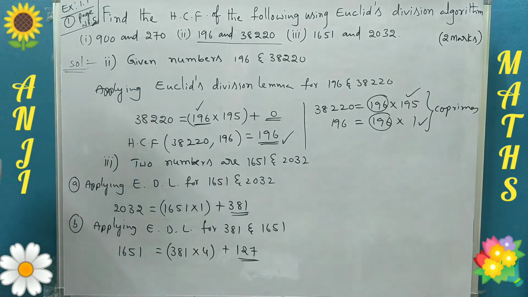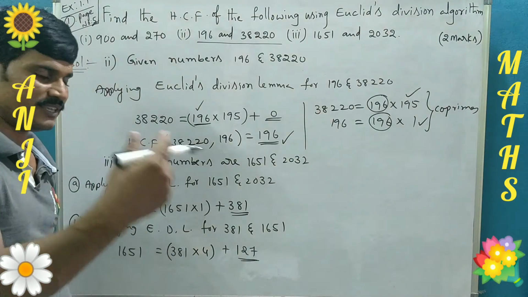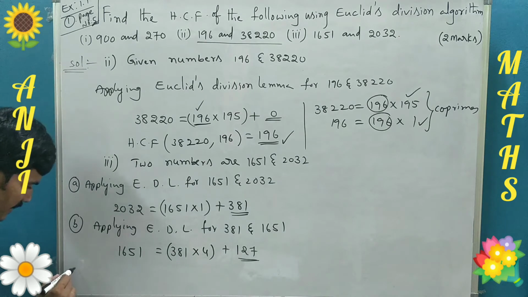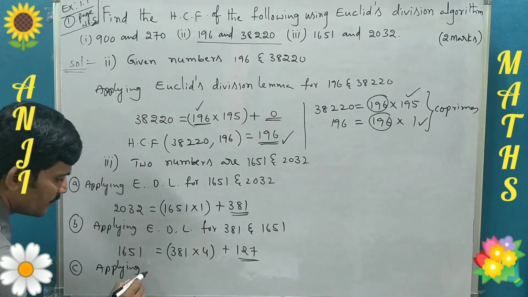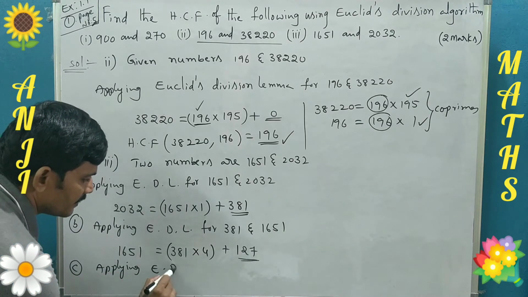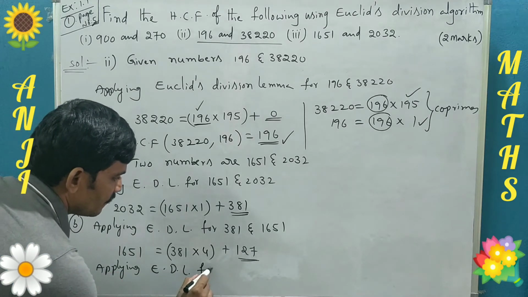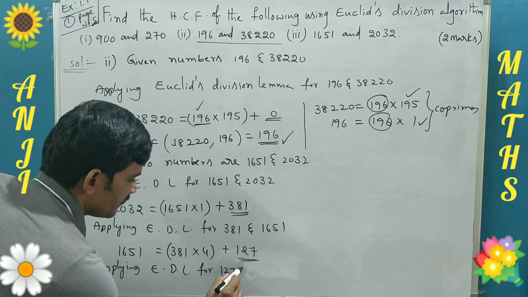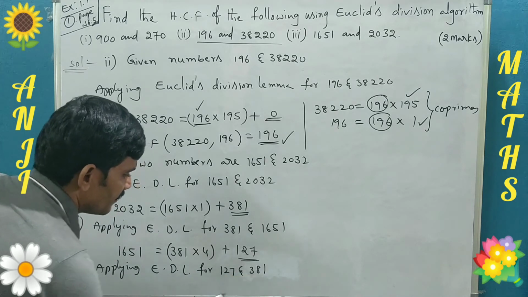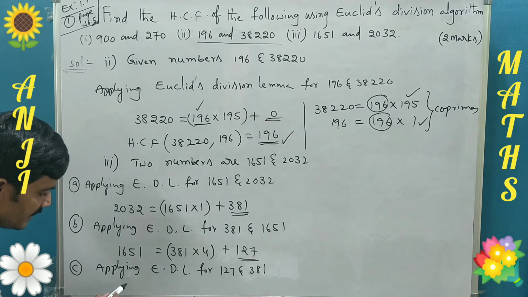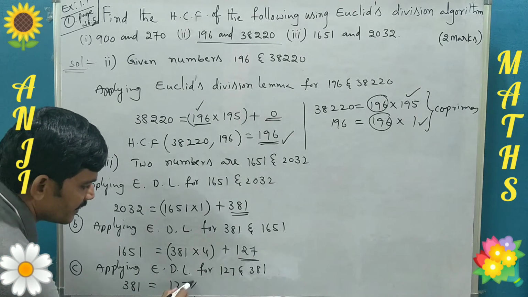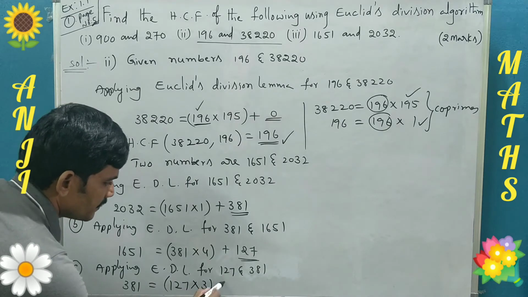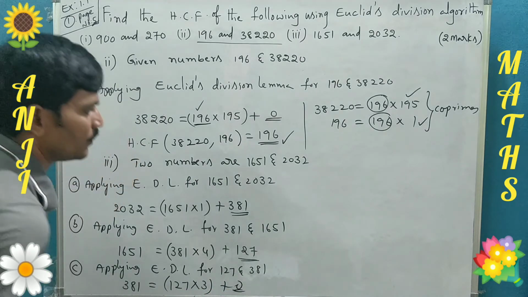As the remainder is not 0, you have to proceed further again. The third step, let it be C. Applying Euclid's division lemma for 127 and 381, what can you write? 381 can be written as 127 taken 3 times plus remainder 0.